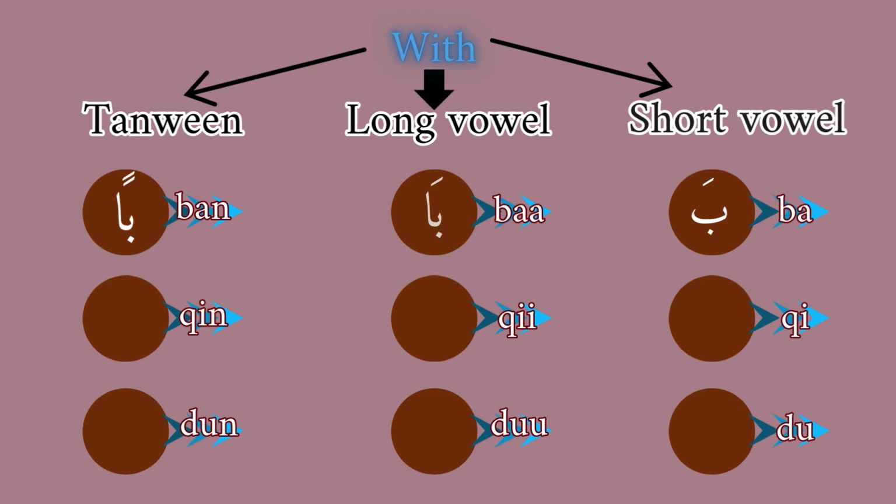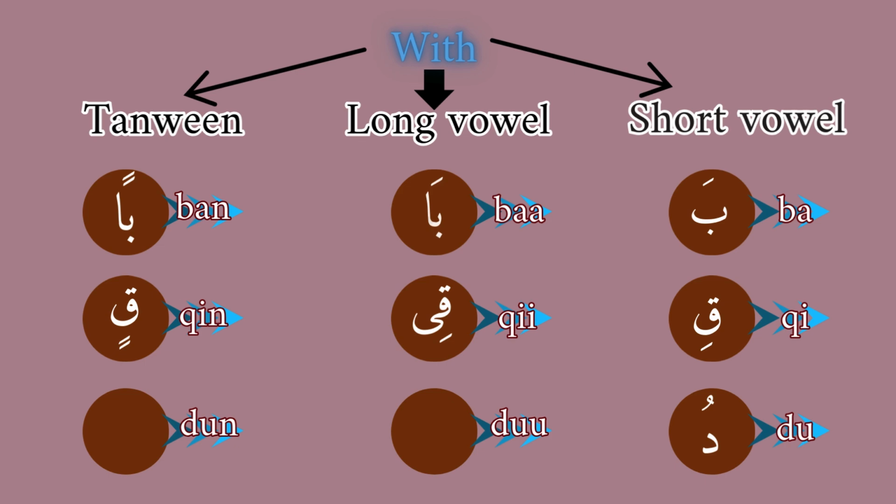Okay. Now the letter Qaf. Qaf with the kasra, the short vowel kasra, gives a qi sound. The same letter with the kasra and followed by a ya, the long vowel ya, it gives a qee sound, a stretched sound. Okay? Elongated sound. So now the same letter qaf with the double kasra gives you qin sound. Now the letter dal.